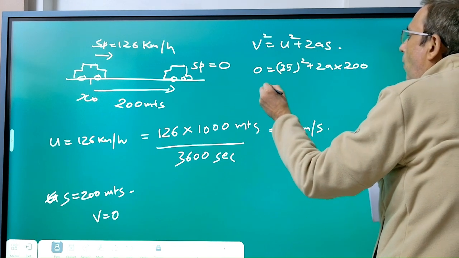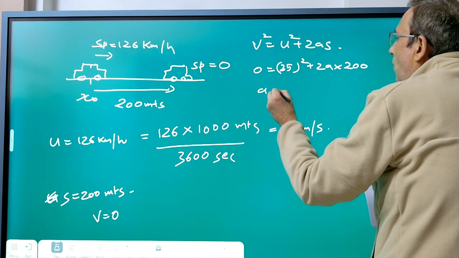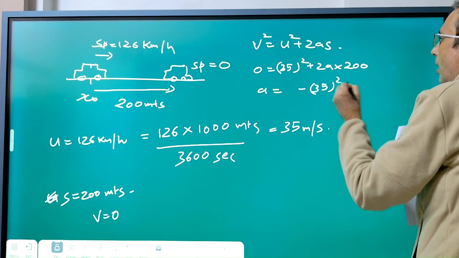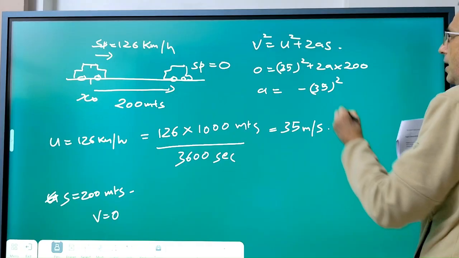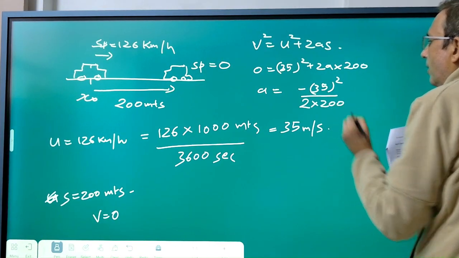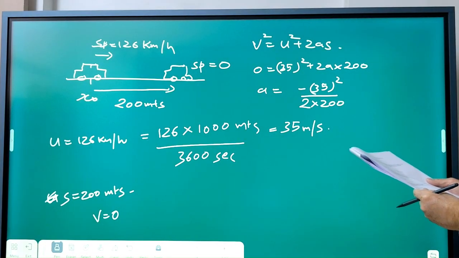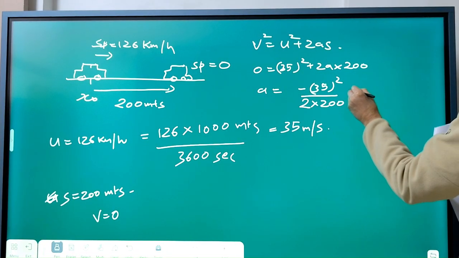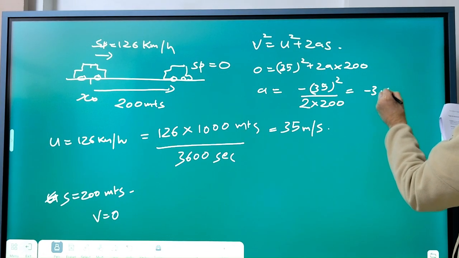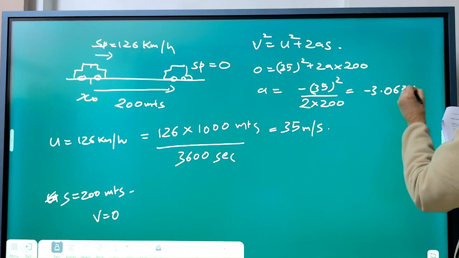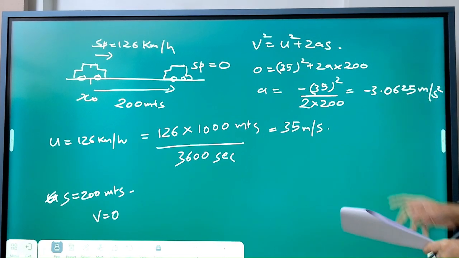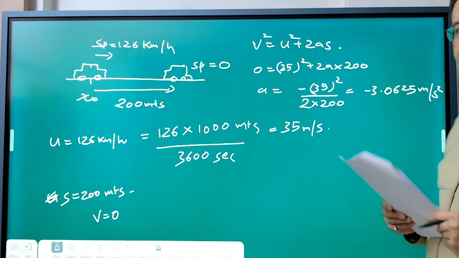So then, of course, a turns out to be equal to minus 35 square divided by 2 into 200. When you calculate it, it turns out to be equal to minus 3.0625 meters per second square. You can see the sign here is negative.